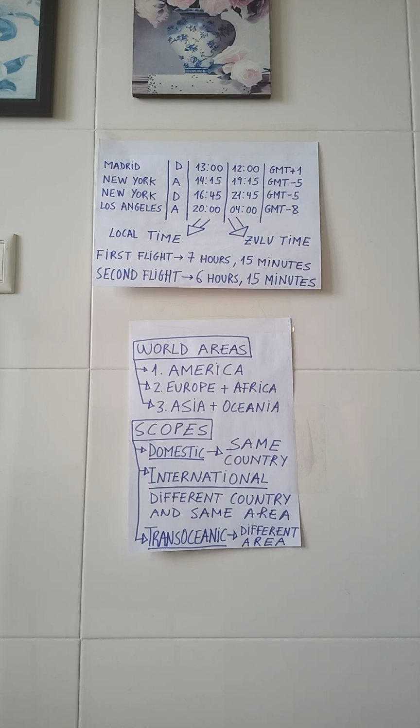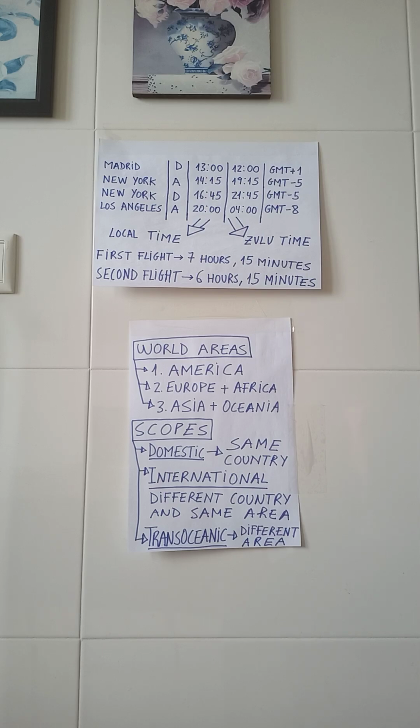The second column tells us by the letters D and A where each of the flights begins and ends. D stands for departure and A stands for arrival.